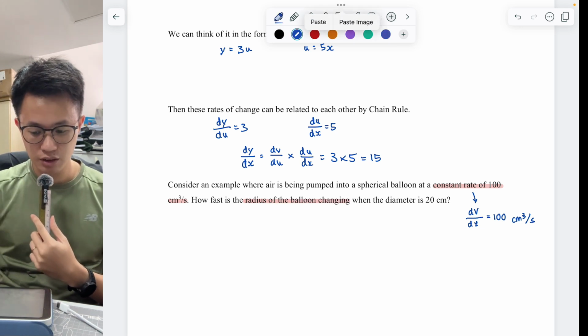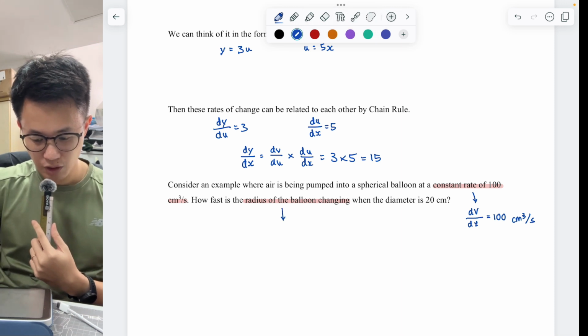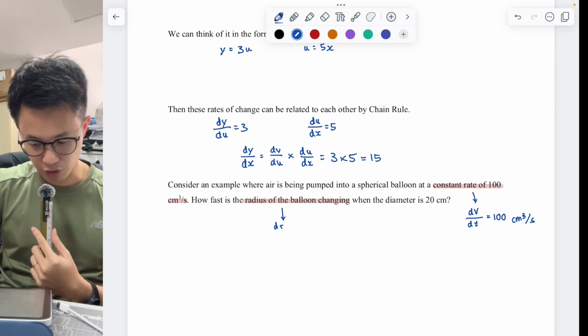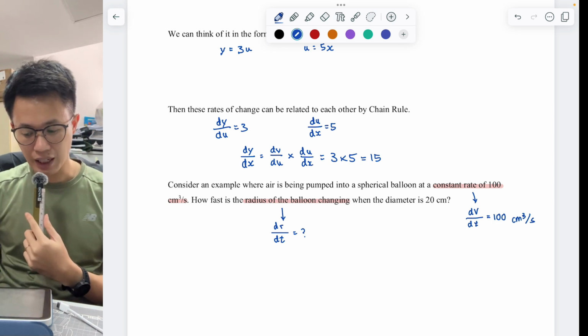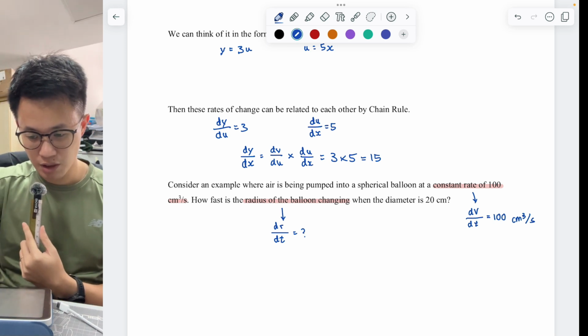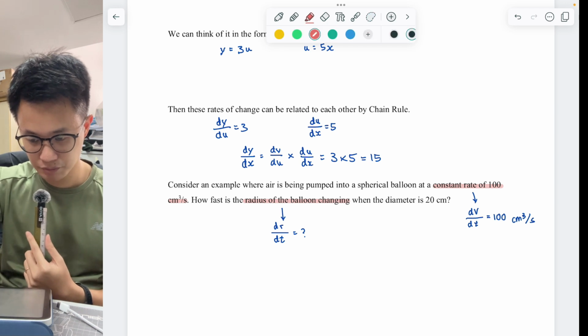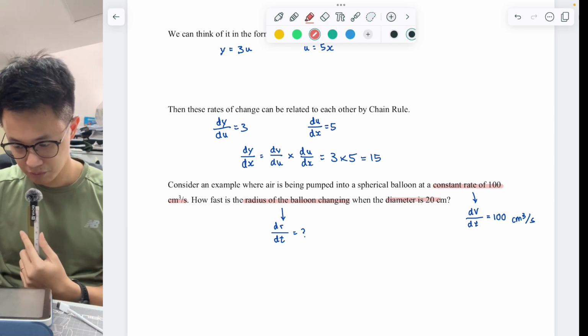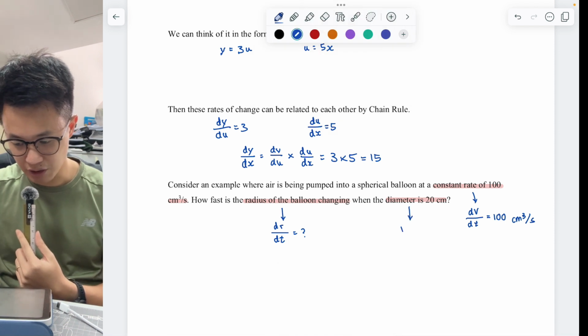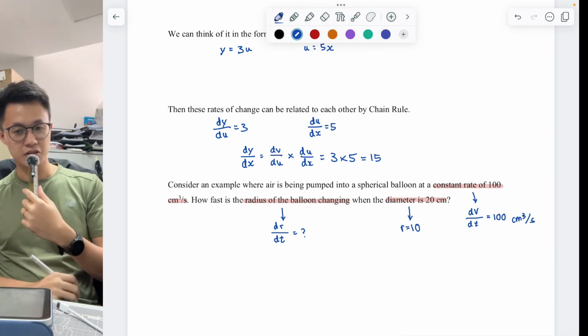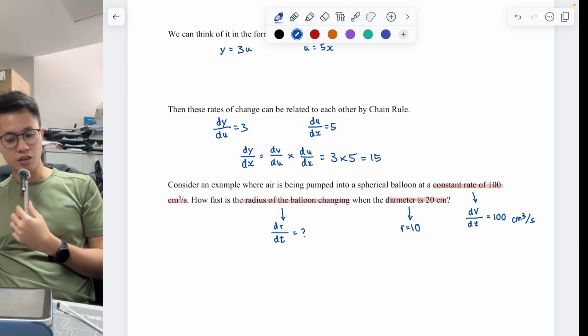So the question is asking for dr over dt, where I use r for the radius and V for the volume. This is when the diameter is 20. Since the diameter is 20, the radius must be 10, so when r equals 10.